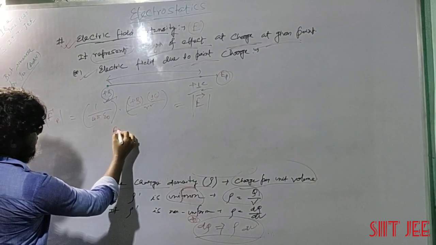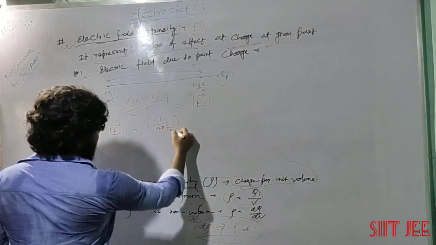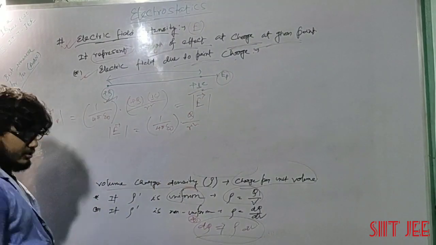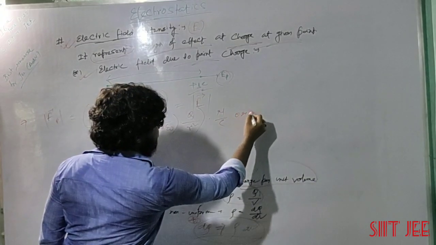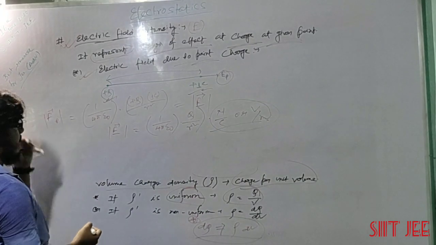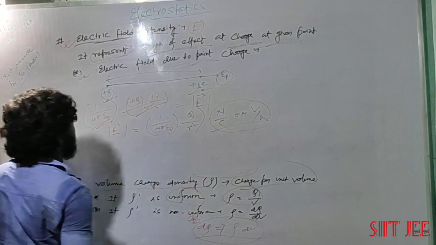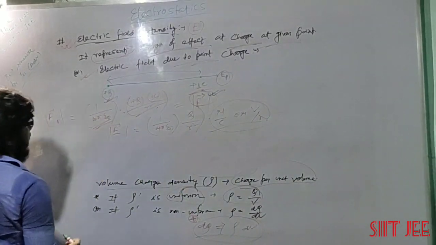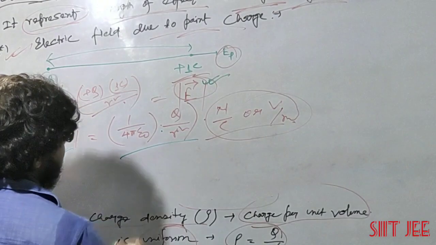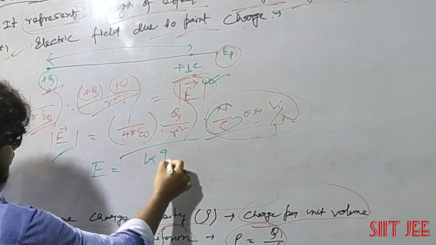And the electric field intensity is equal to 1 by 4 pi epsilon 0 into Q by R square, in units of newton per coulomb or volt per meter. So E is equal to the electric field intensity, K, the constant, times Q by R square.